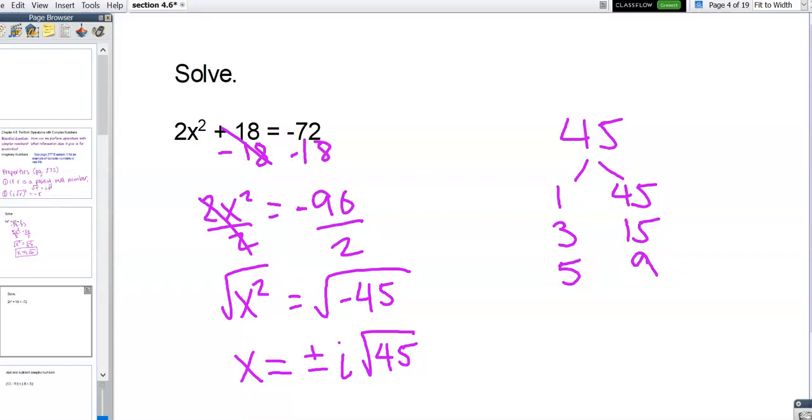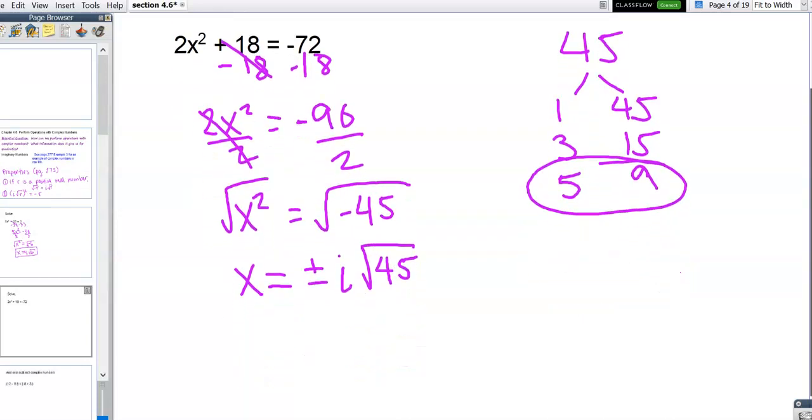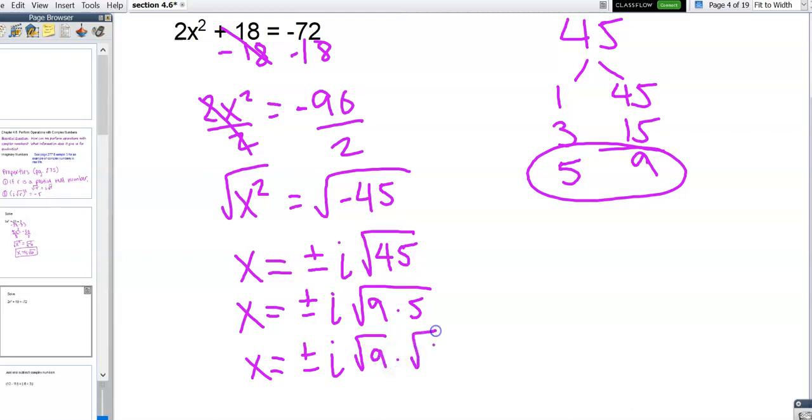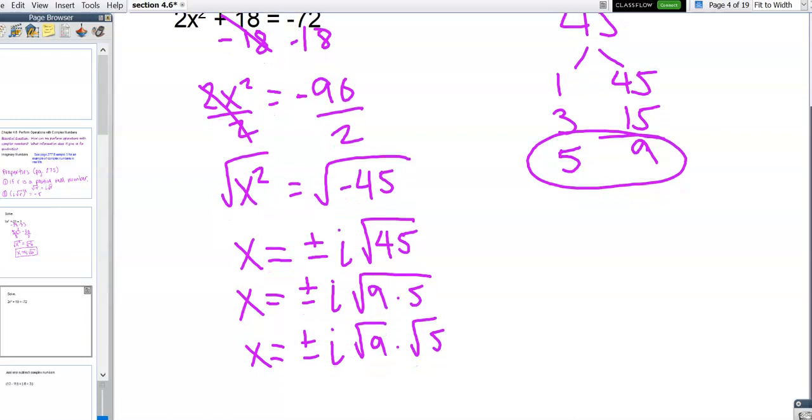And the biggest perfect square that we have is 9. So we can rewrite this as i times square root 9 times square root 5.